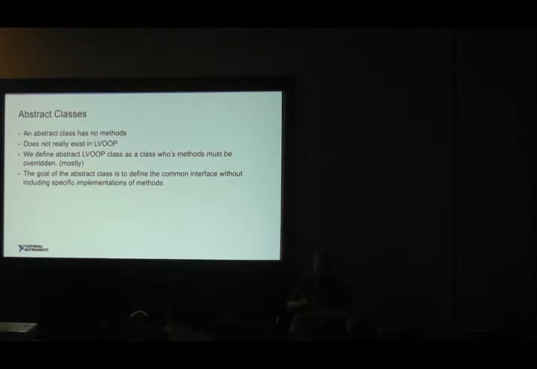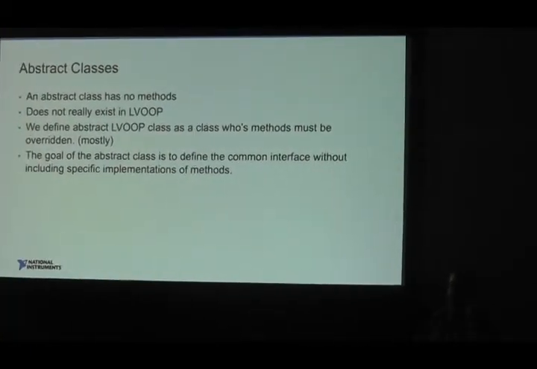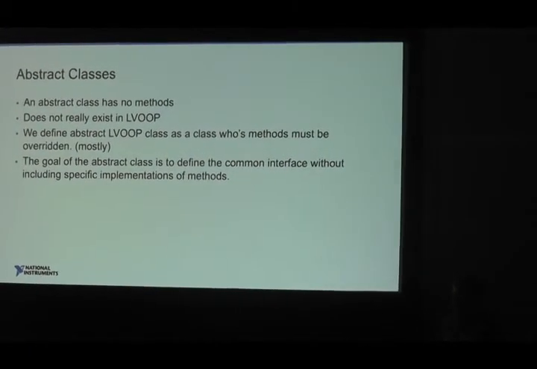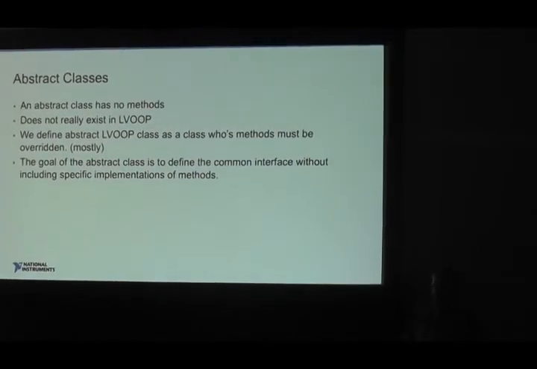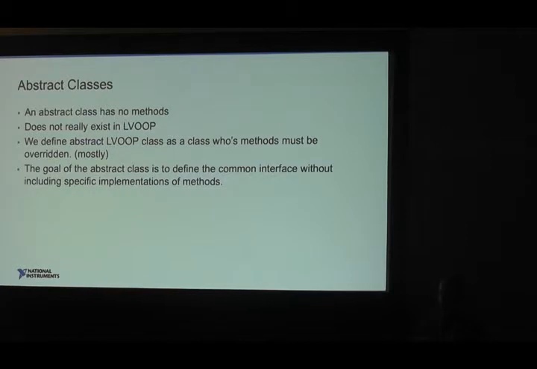But what we're trying to do here is define a common interface without including any specific implementations. So we're saying there are going to be these methods, but we're not telling you how they're going to work. We're just saying that they're going to exist in every single child that you create.